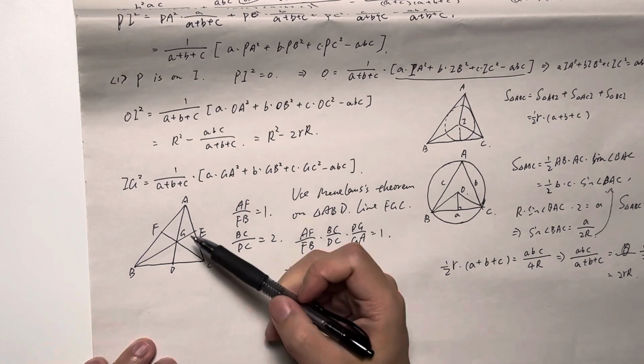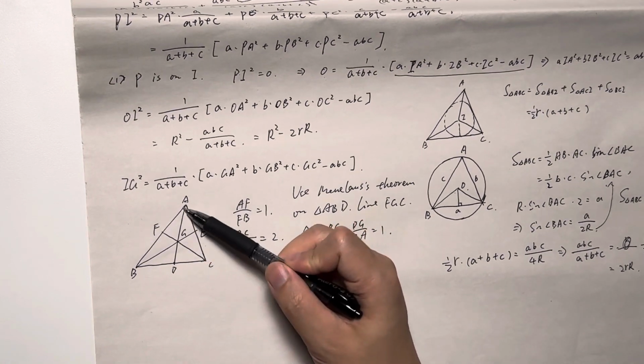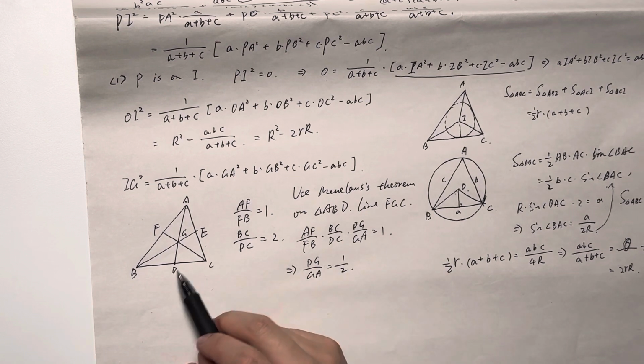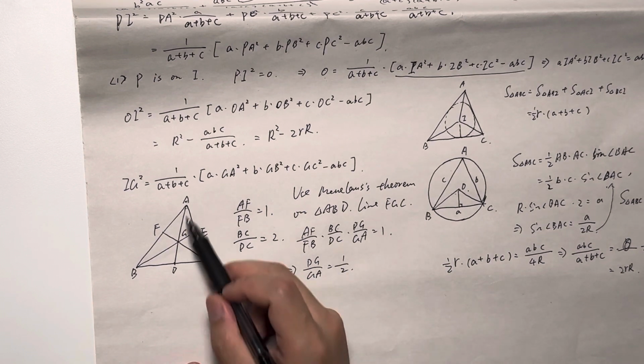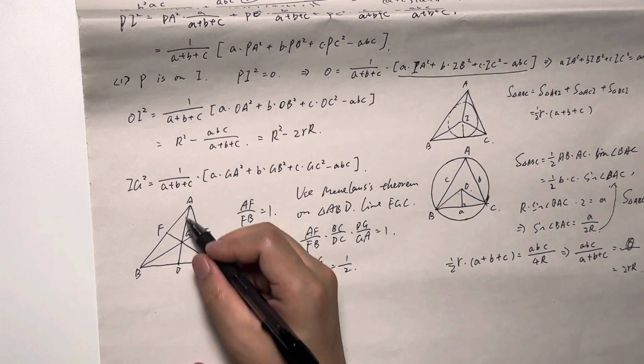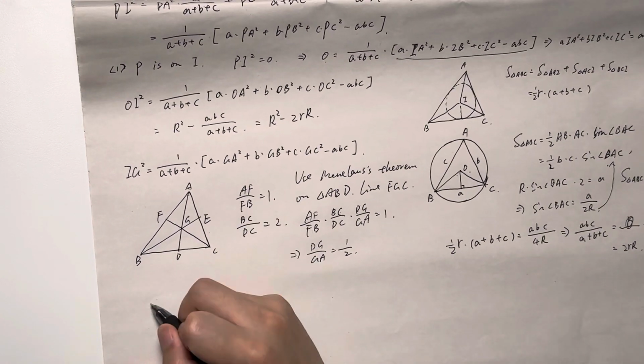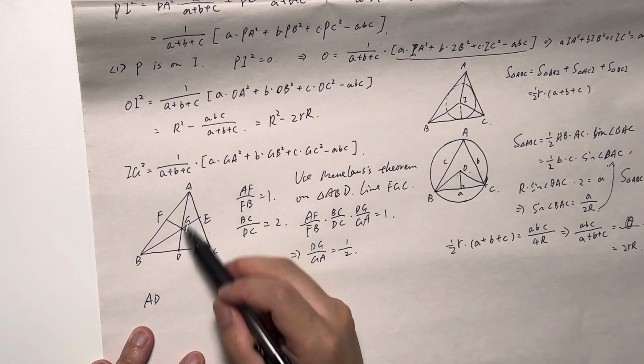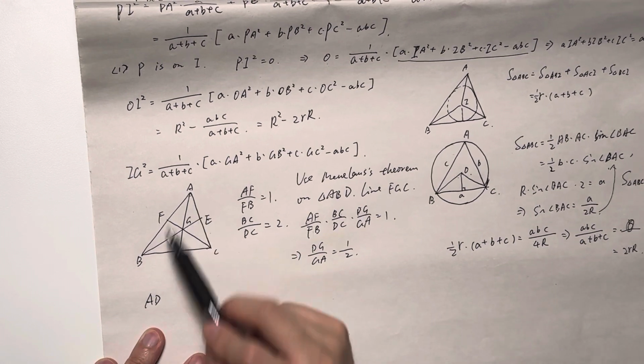Which means if we know the length of AD, then we know the length of AG. That's 2/3 of AD. So what's the length of AD? AD is the median of triangle ABC.